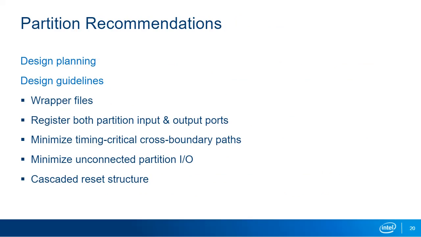There are also a number of partition design guidelines that should be followed when creating partition logic. For our purposes with fast preservation, we'll focus on just two of these: registering partition boundaries and minimizing the number of cross-boundary paths.